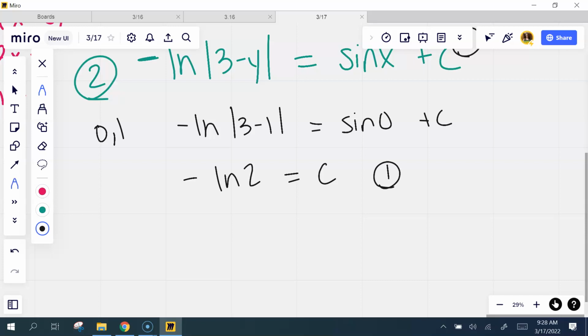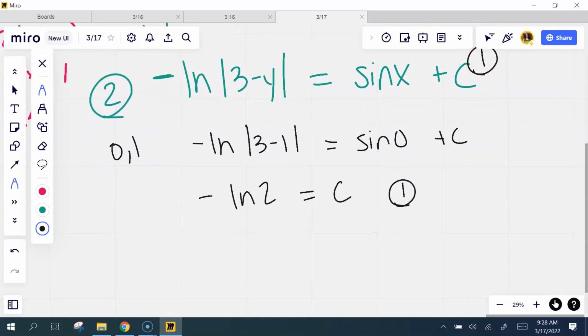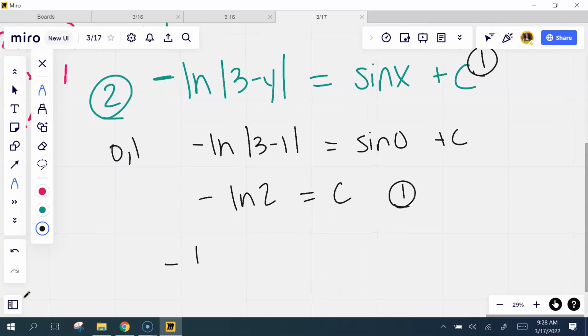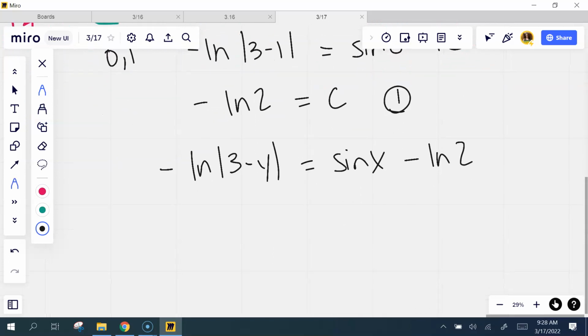So now I'm back to, where am I back to? All right, so I'm back to negative log 3 minus y equals sine x minus log 2. I'm going to divide both sides by -1. I can go ahead and get rid of these absolute values.